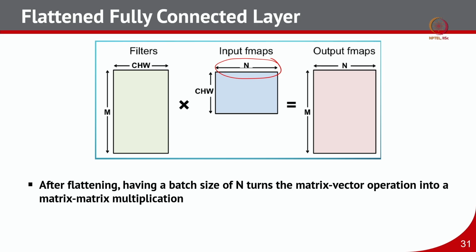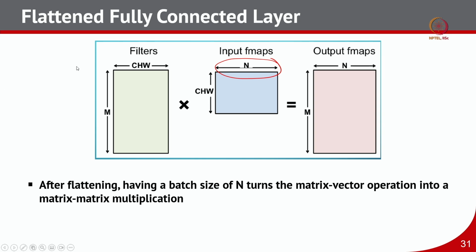So we can stack the input feature maps for different inputs in different columns, and the corresponding output feature maps will again be stacked in different columns. After flattening, having a batch size of n turns the matrix vector operation into a matrix multiplication.